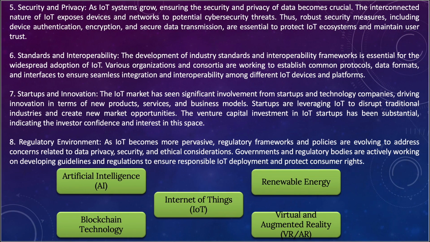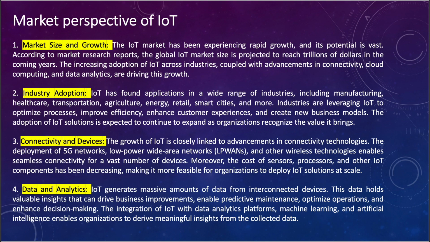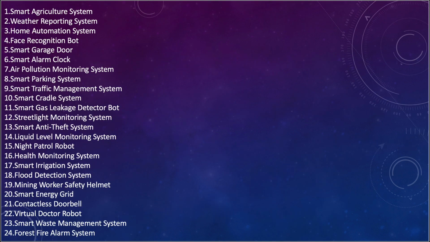Right, so from that we move to a marketing perspective of IoT. We talked about market size, industry adoption, connectivity and devices, and data. We talked about different systems that can be there, right? All these things are different.